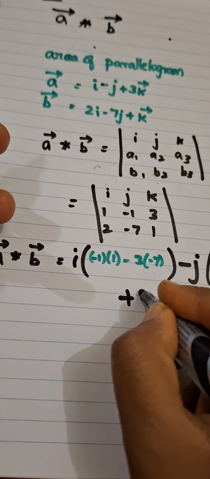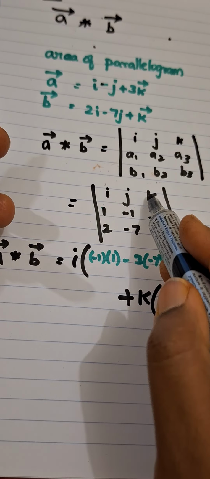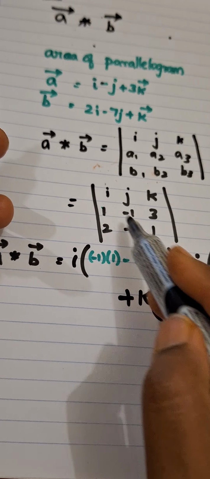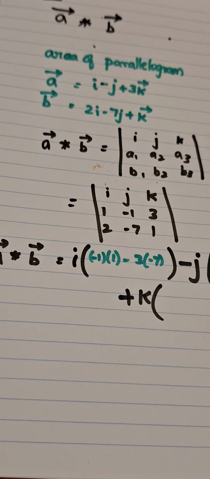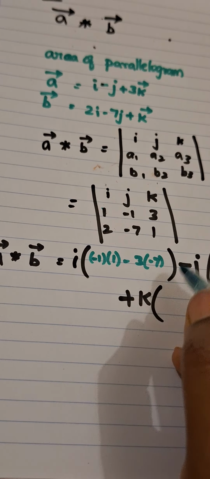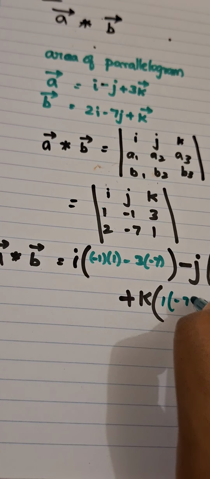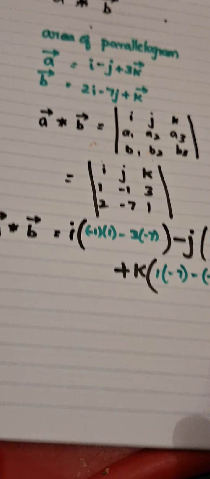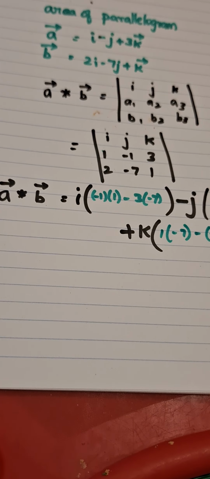Then plus k into AD minus BC, which is 1 multiplied by minus 7 minus minus 1 multiplied by 2. To remember it, just take note of it as AD minus BC.